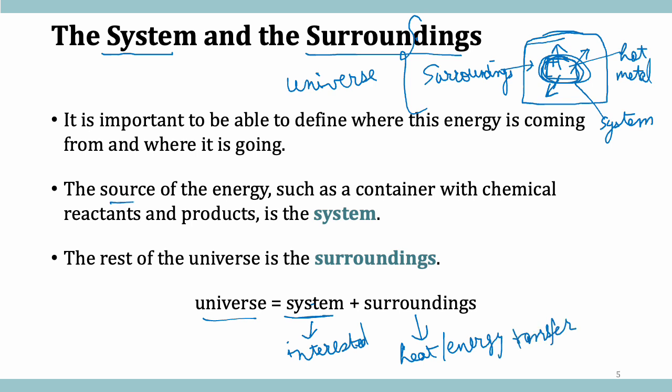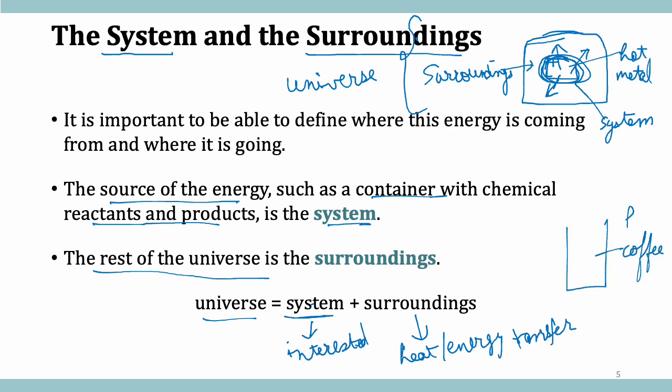Okay, so the source of energy, such as a container with a chemical reactant and product, is the system, and the rest of the universe around it is the surroundings. For example, if I take a cup of hot coffee in my hand, then my hand is the surrounding.